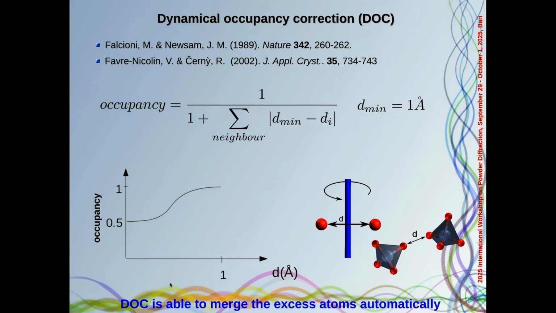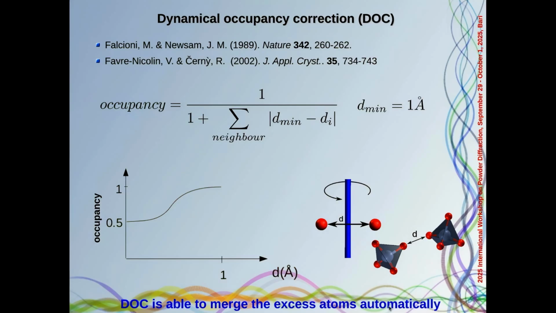In other terms, you can see in this plot that if you have two atoms at a distance larger than a minimum distance, which is typically 1 angstrom, the occupancy is 1. When they get closer, the occupancy factor decreases, and only when the two atoms are exactly in the same position do you have 0.5. So you don't have only two values, 1 and 0.5. You have a modulation of the occupancy factor depending on the distance between the two atoms.